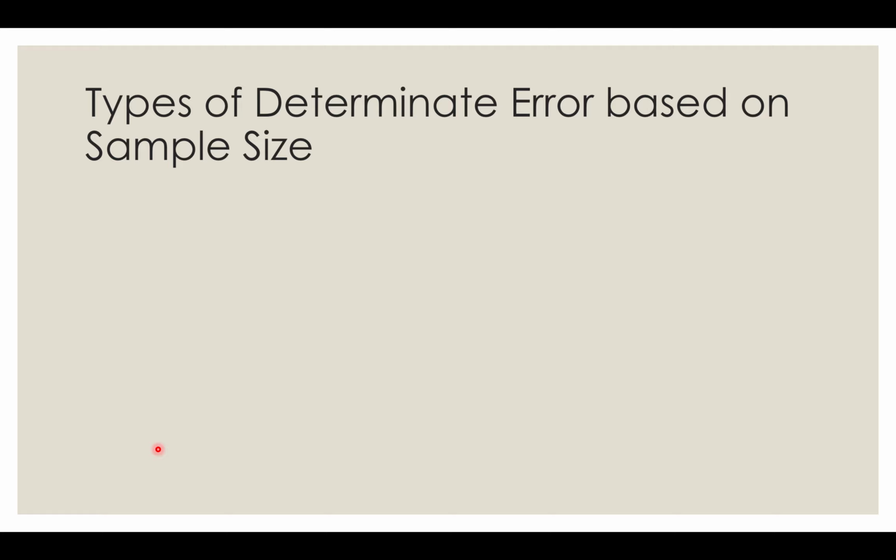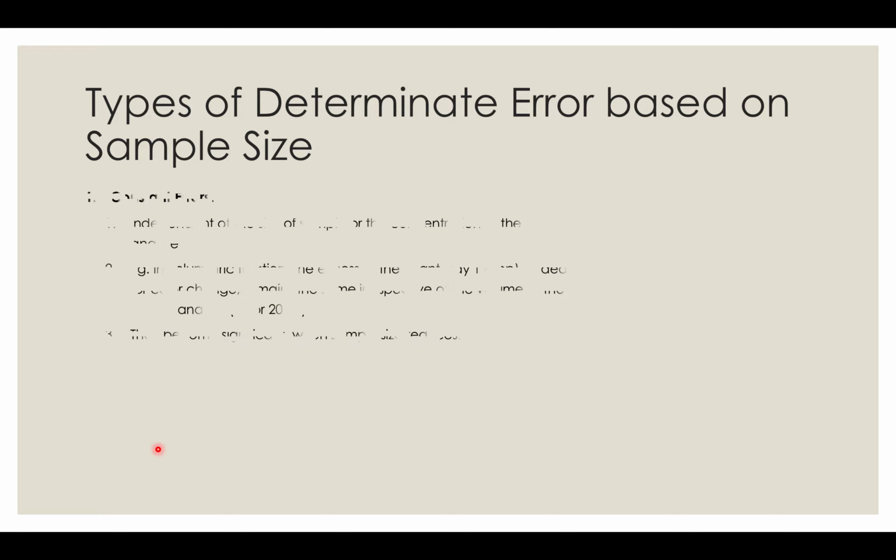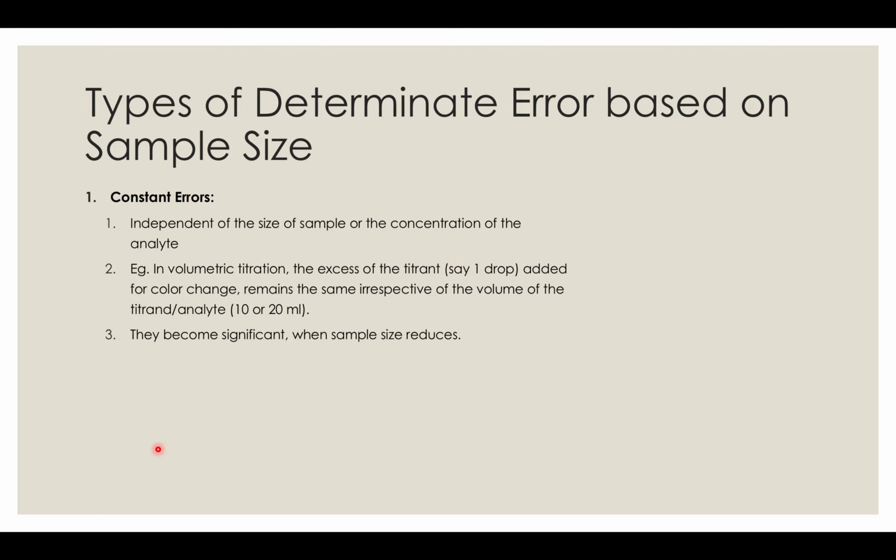Now, the second way in which determinate errors are classified is on the basis of sample size. The first type is the constant error. Constant errors are usually independent of the size of the sample or the concentration of the analyte being used. For example, in volumetric titration, you add one drop extra to cause the color change.